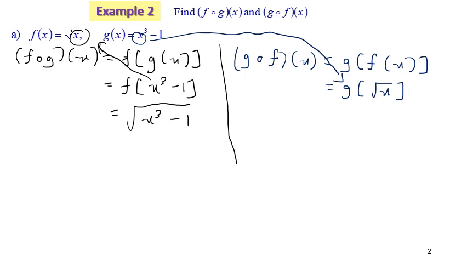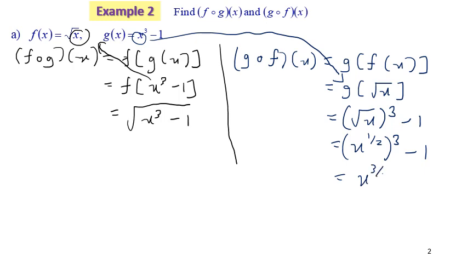So square root of x cubed minus 1. Remember, square root of x is actually x power of half, so x power of half and then cube outside. So the index will be 3 over 2. So x power of 3 over 2 minus 1. So this is the answer for question A.